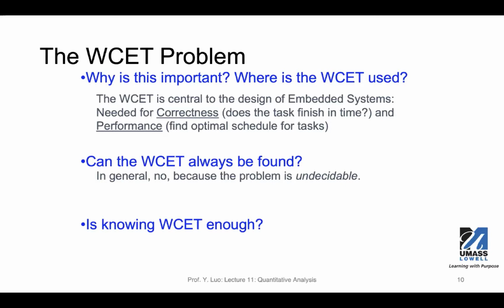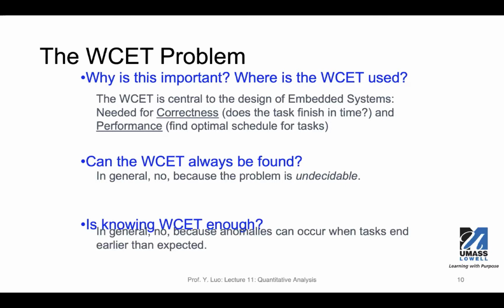You may end up having a large number of branches, which will make the space of possible paths exponentially large. So it's not always possible to guarantee you find a worst case execution time.